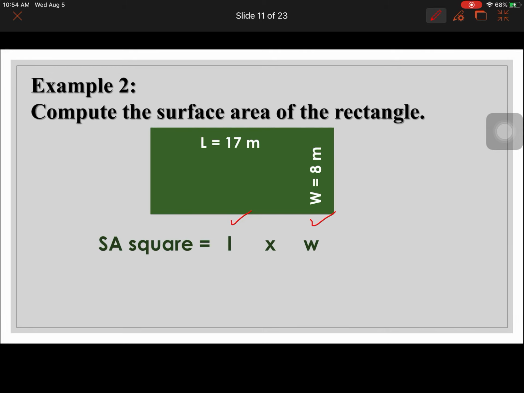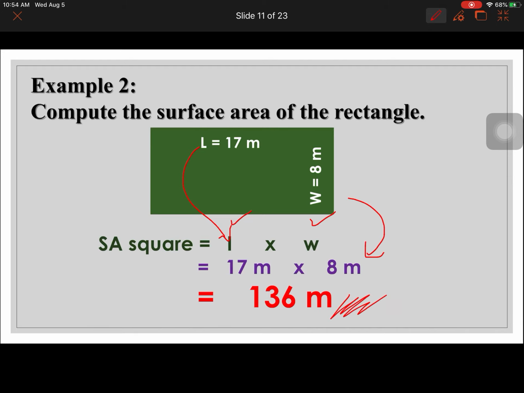The value of length is equal to 17 meters, while the value of width is equal to 8 meters. 17 times 8 is equal to 136 meters. Sino nakakuha ng 136 meters? Yes, tama kayo.